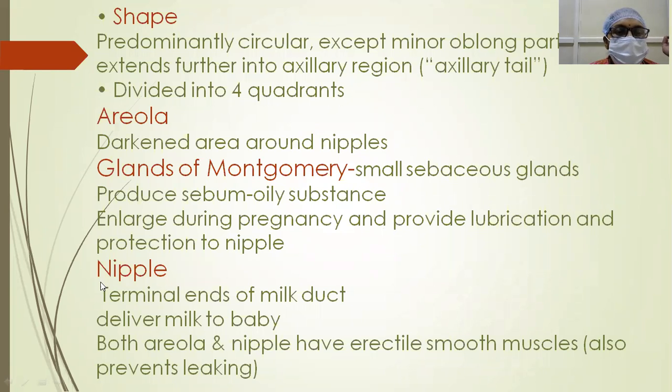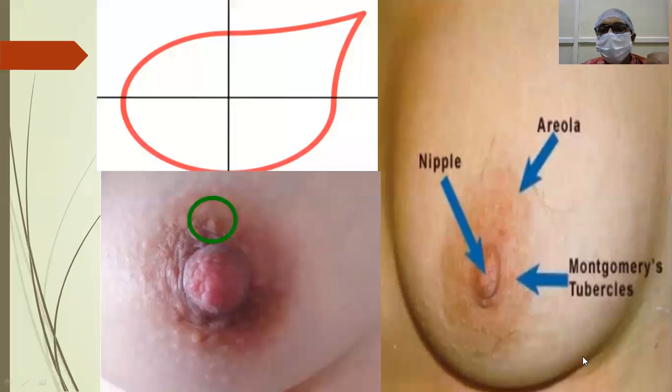So what is the nipple? Nipple is the terminal ends of the milk duct. Deliver milk to the baby. Both areola and nipple have erectile smooth muscles which also prevents it leaking. So here you can see this is the oblong extension which is called the axillary tail.